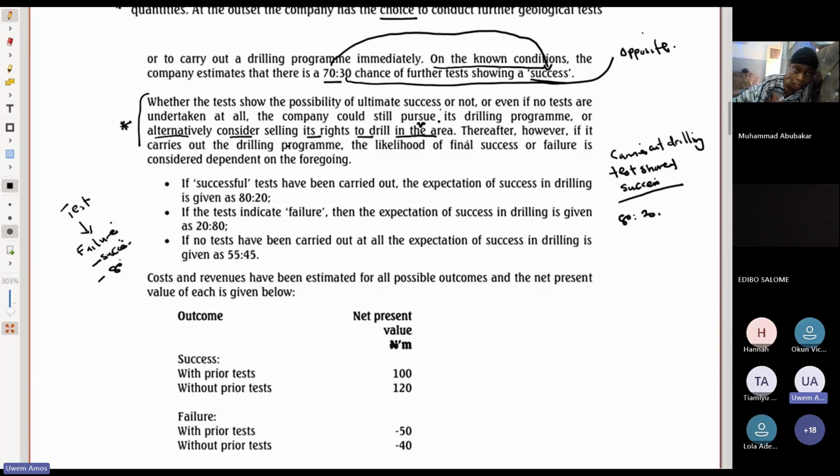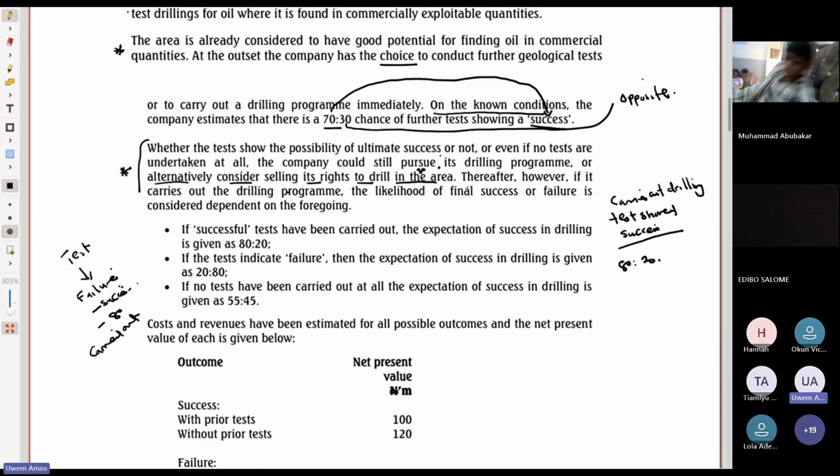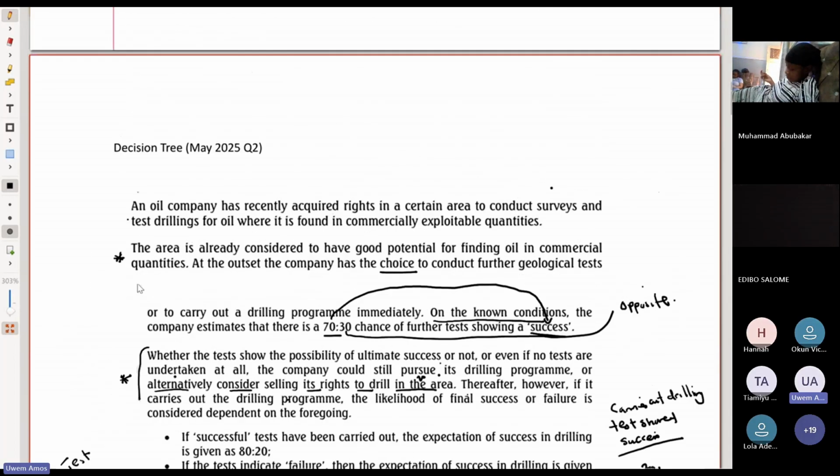Where we conducted a test and it shows failure. And don't forget here it says, however, if the drilling program is carried out. So if it is carried out, not if we sell the right. So what line where we carried out the test, it showed failure, but we still carried out the drilling?